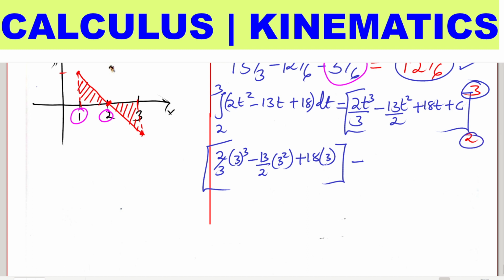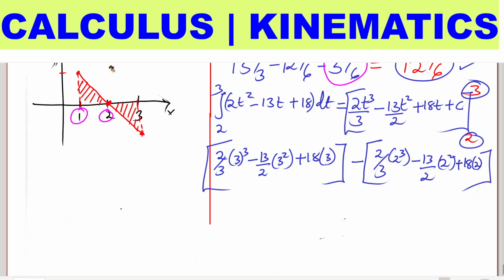Now let's substitute 2. We subtract these, so this will be 2 thirds times 2 cubed minus 13 over 2 times 2 squared plus 18 times 2, like that.